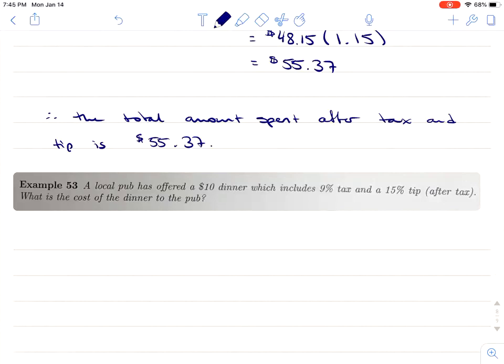What is the cost of the dinner to the pub, right? So now we're working backwards from where we were before, right? So we know the total cost is $10, right? But from that, we have to take a 15% tip and we have to take out 9% in taxes, right? And then we're wondering, how much is that core amount that they're paying?